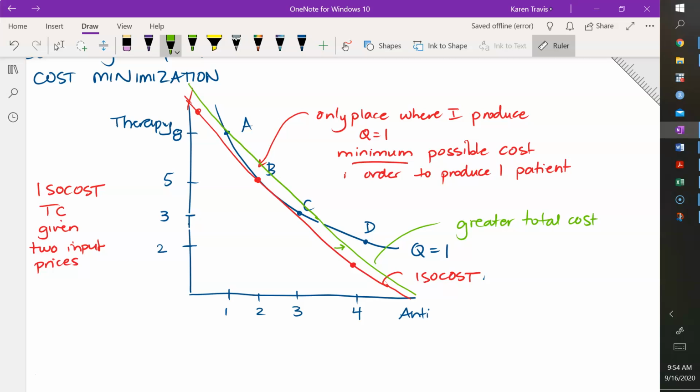So by producing at A, I am technically efficient because I'm using up all the 8 therapy visits and using the antidepressant, but I'm not allocatively efficient because I'm using too many therapy visits as compared to antidepressants according to the cost of each of those inputs.